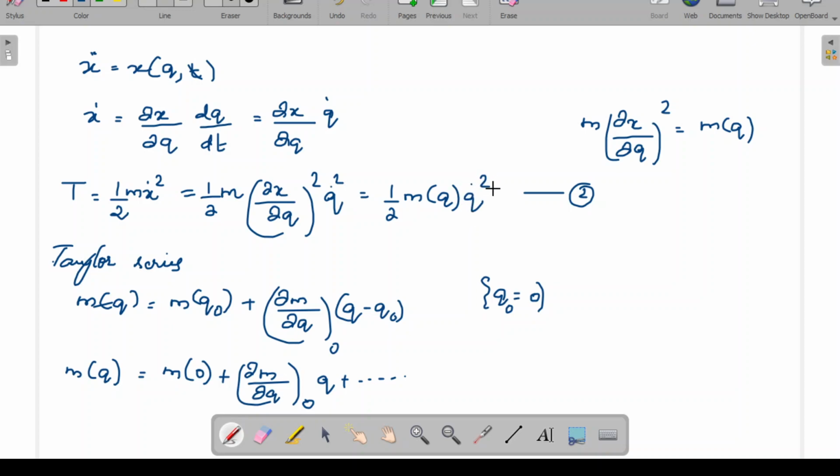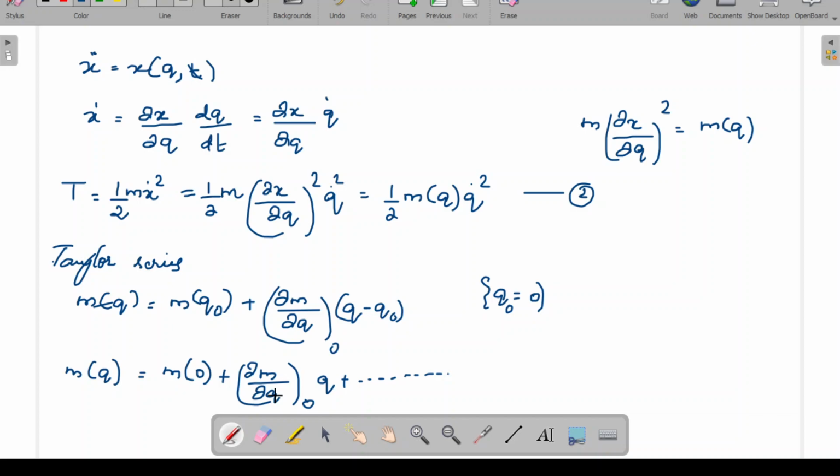Q dot square is coming in already in this equation. So if I substitute this for m of q, since there is a q dot square here and it is already quadratic, all the higher order terms will come if I take a term like dou square m by dou x square, and then the equation becomes of much higher order. So here I'm only restricting m of q to the first order derivative term alone.